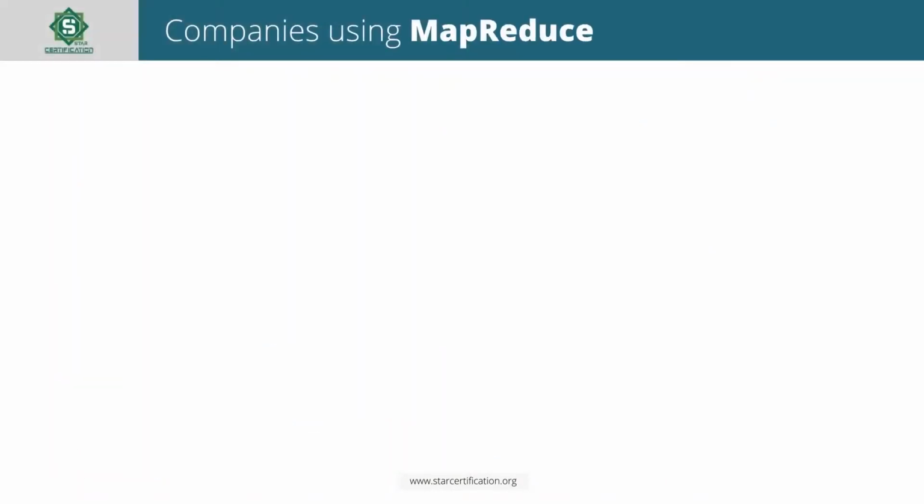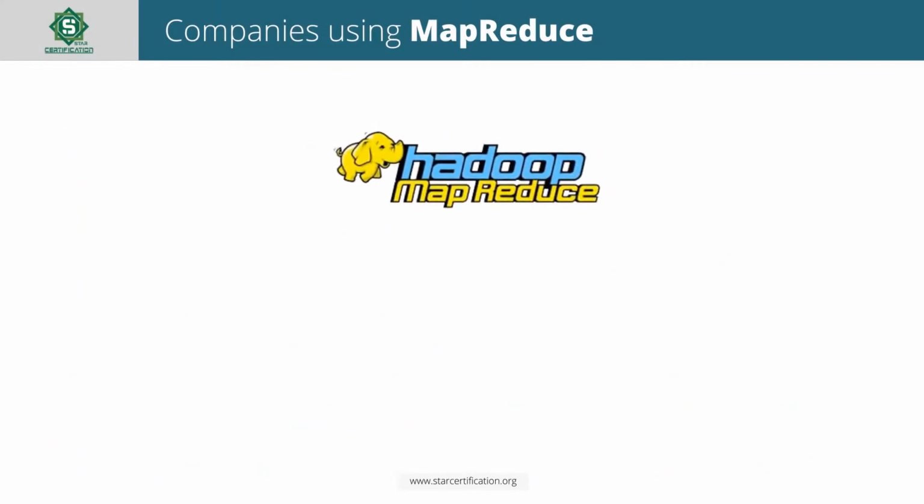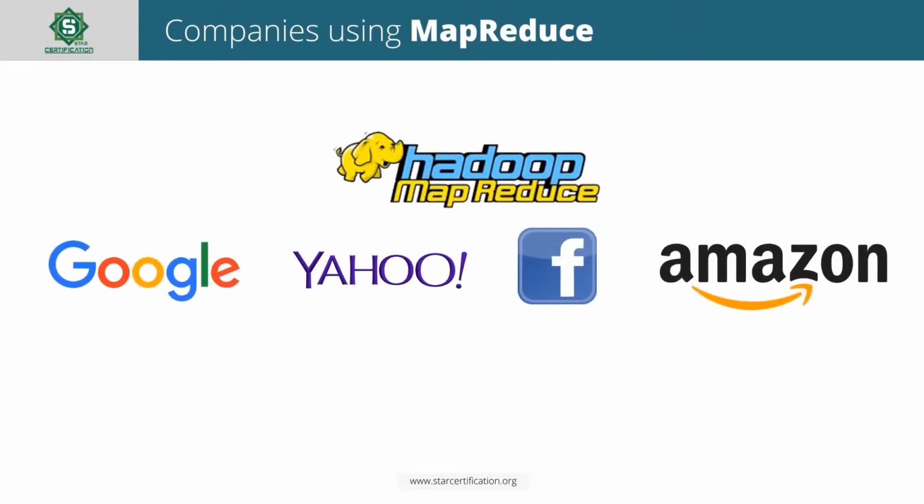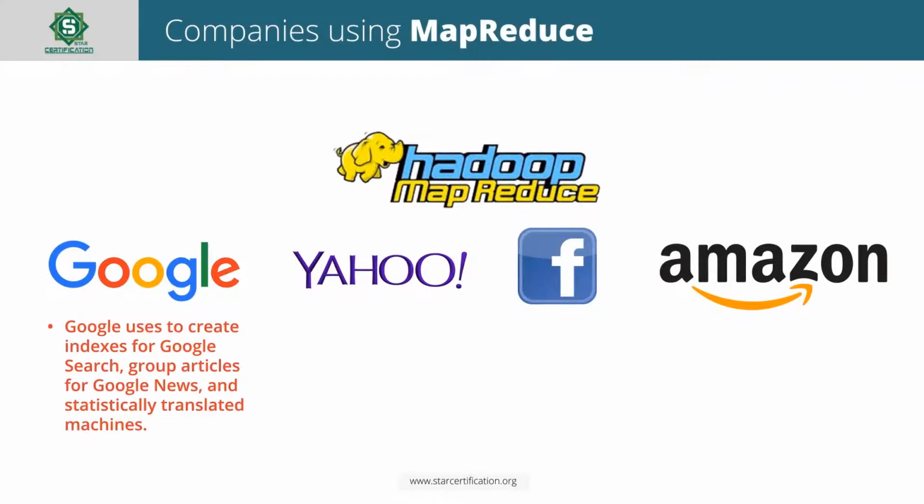Companies using MapReduce. Various companies use MapReduce, and the top companies that are using it are Google, Yahoo, Facebook, and Amazon. Let us look at the purpose behind the companies using MapReduce. Google uses it to create indexes for Google search, group articles for Google News, and for statistical machine translation.